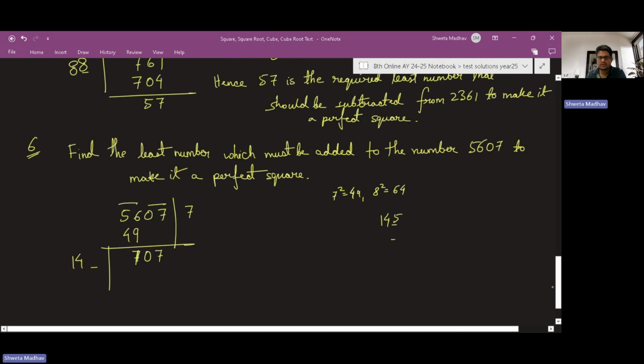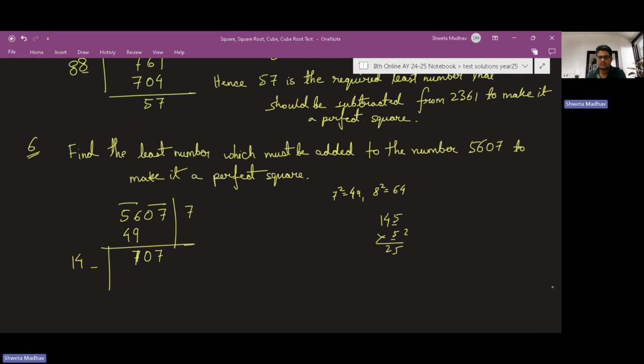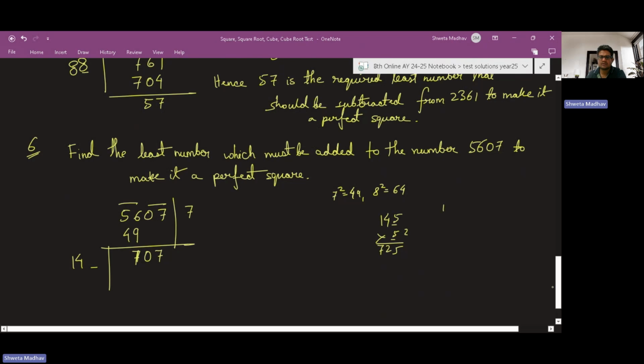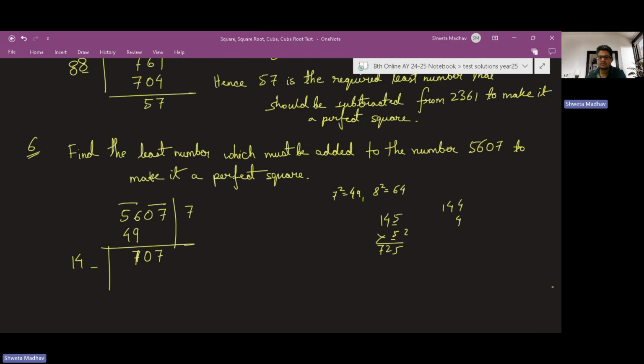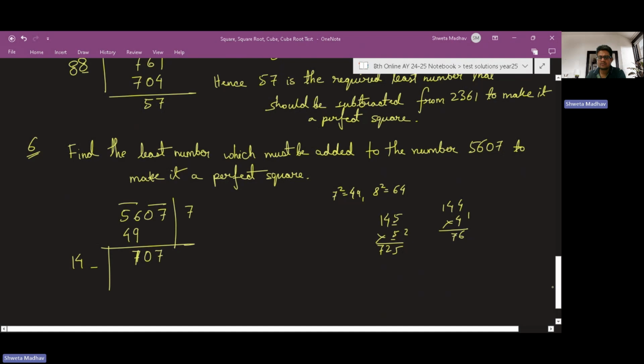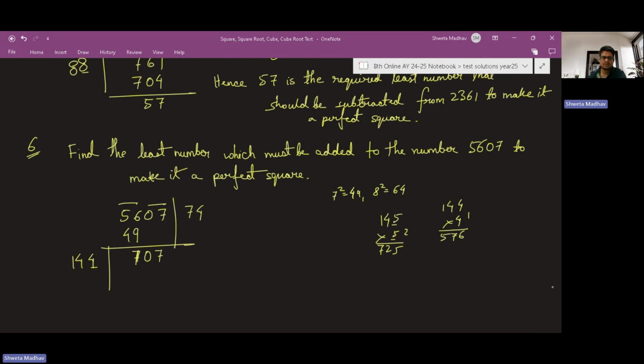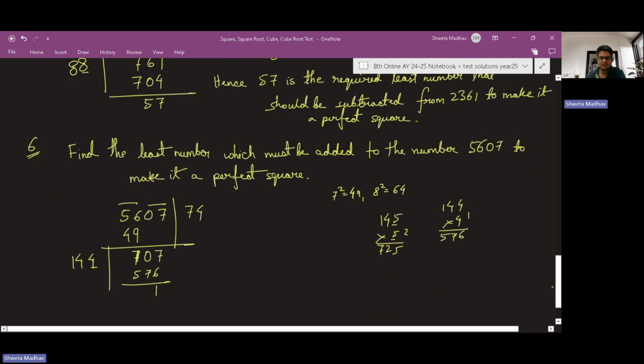If we take 5, the product is 725, so we can't take that. If we take 144 into 4, then it is 576. So 144 into 4 is 576. Then if we subtract, we'll get 131.